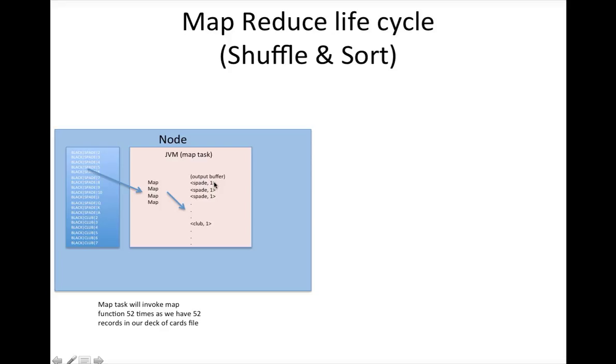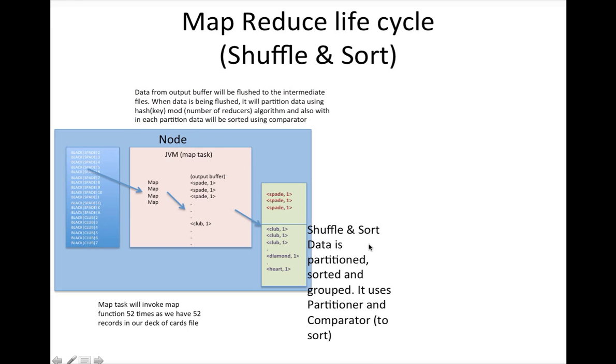But there is a limit on your output buffer size, and once it reaches a certain threshold in your output buffer, while your mapper task is running in JVM, the data from the output buffer has to be flushed into this intermediate data file, and this is called a spill.